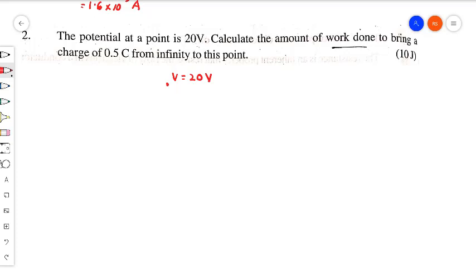So the work done in bringing a charge Q from infinity, a very far point, up to that point.